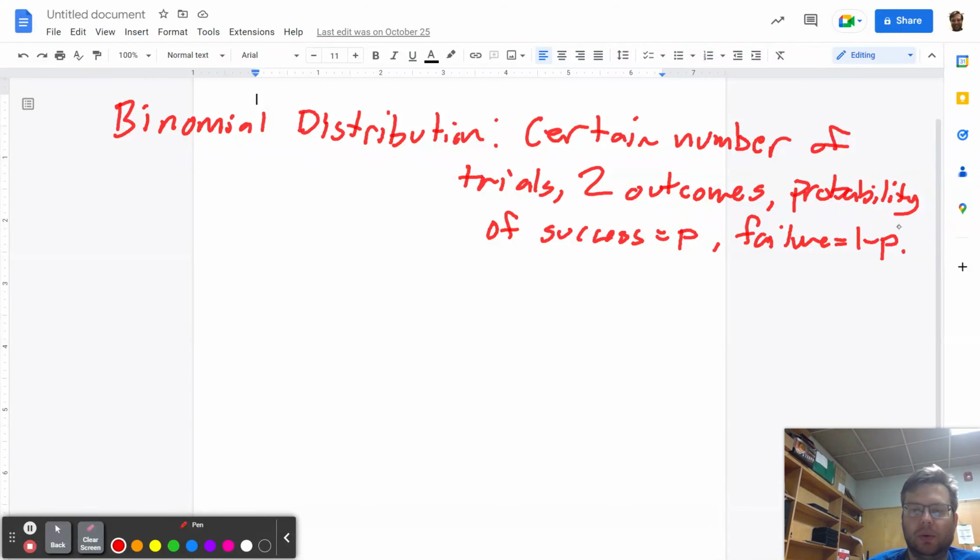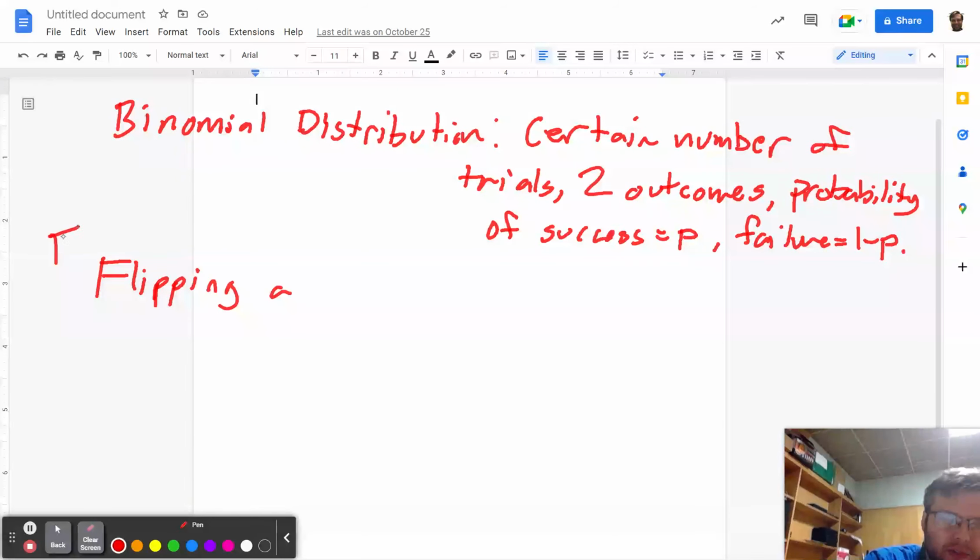So let's look at our coin flip. And let's pick a number of times to flip a coin. Let's say that we're going to flip a coin 5 times. So here's our example. We're flipping a coin 5 times.